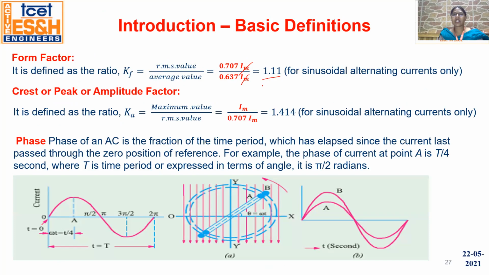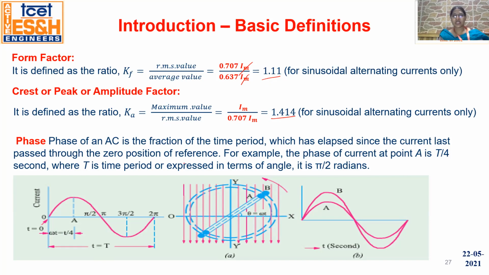The form factor is different for different shapes of waveform. This 1.11 is only for sinusoidal. If you have a square wave, then it is different. Then the amplitude factor is the maximum value of the waveform divided by the RMS value. So this is Im by 0.707 Im, which is 1.414.